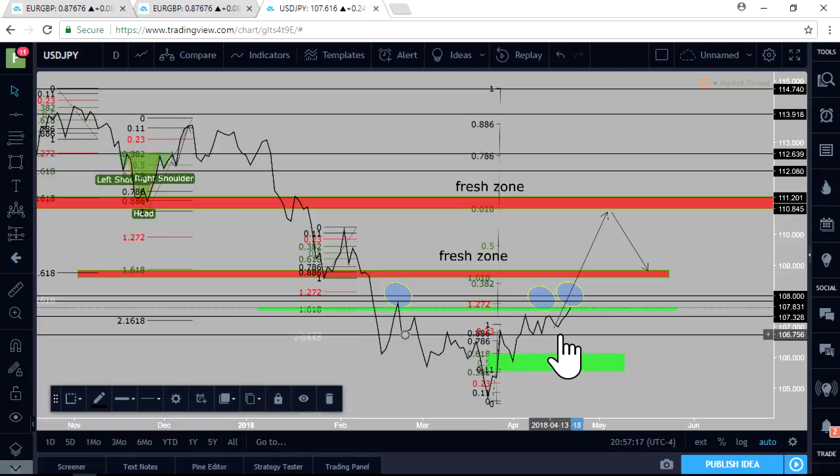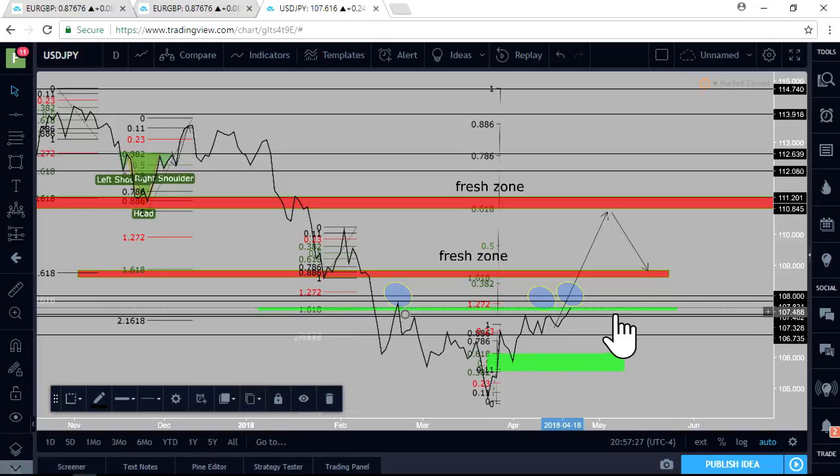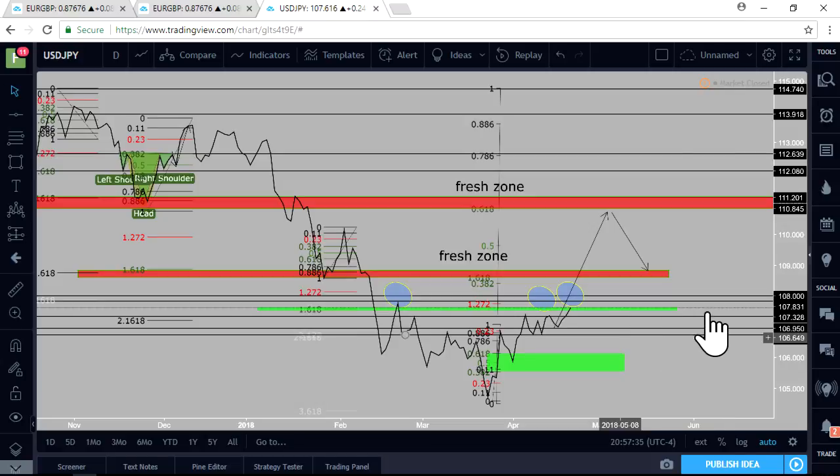If that market comes back around this level here to 106, or let's say right around this level, 107,328.